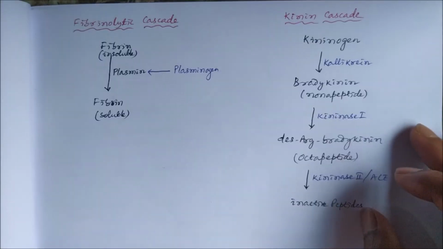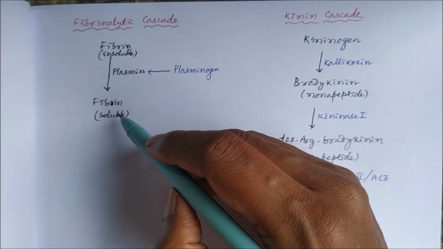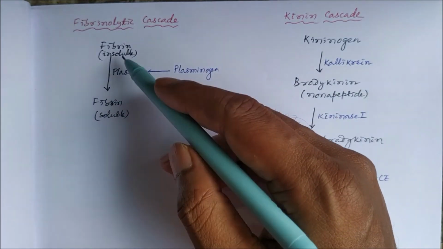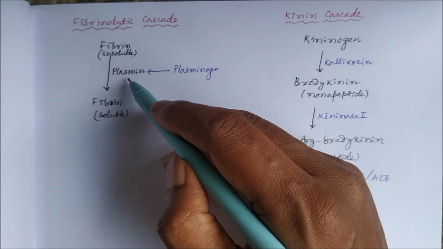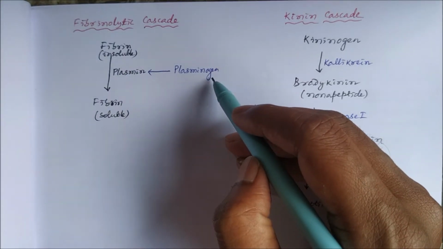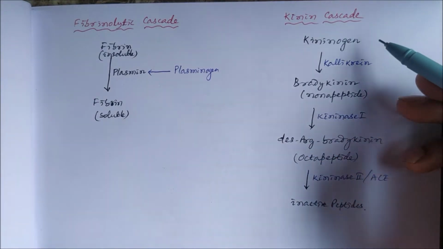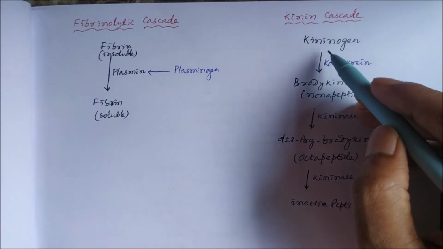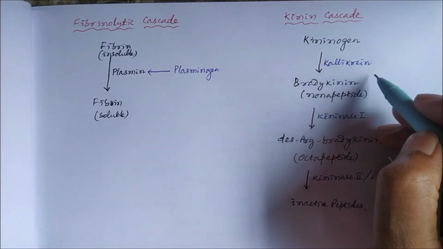And in the fibrinolytic cascade, the insoluble fibrin is converted to soluble fibrin. There is dissolving of the clot in the presence of plasmin, which is the active form of plasminogen. And then the kinin cascade: kininogen is converted to bradykinin in the presence of kallikrein.